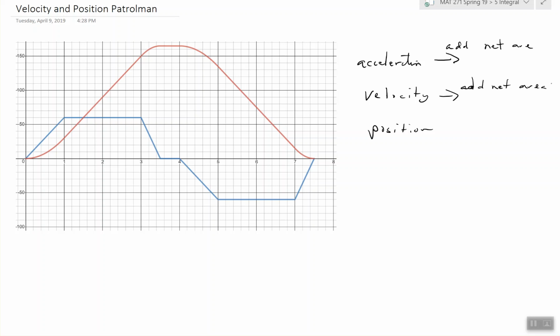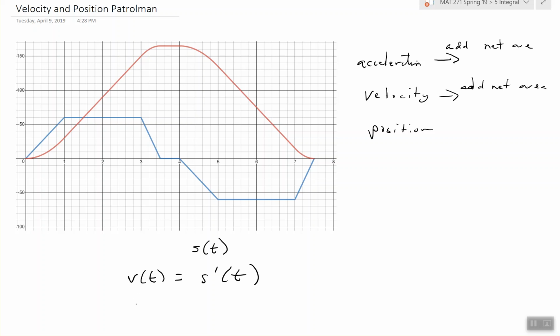And let's remember one other little thing. Before, we would start with position. I think we used to call it s of t, the position function. And then we found that velocity, v of t, was s prime of t. So we go from position to velocity by taking the derivative.